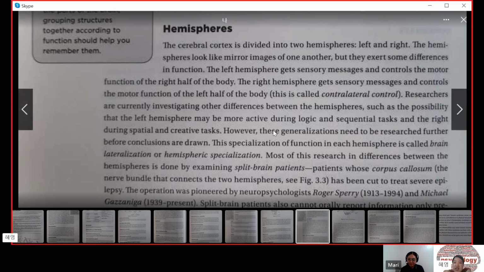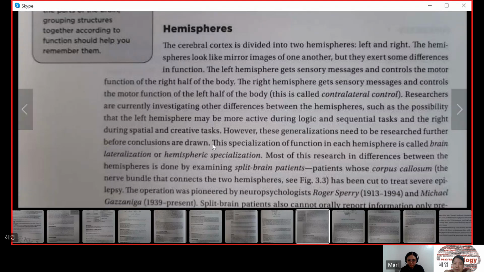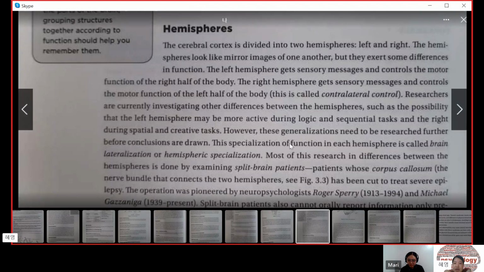However, these generalizations need to be researched further before conclusions are drawn. This specialization of function in each hemisphere is called brain lateralization or hemispheric specialization.